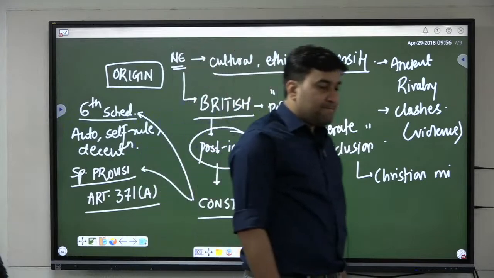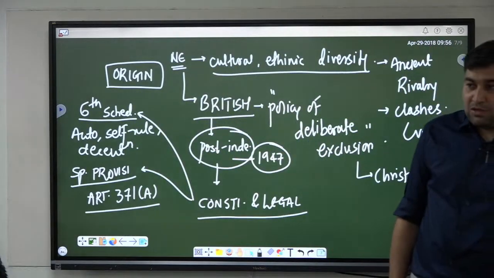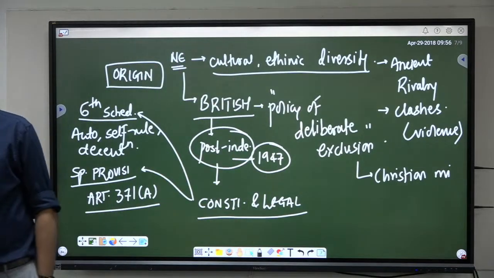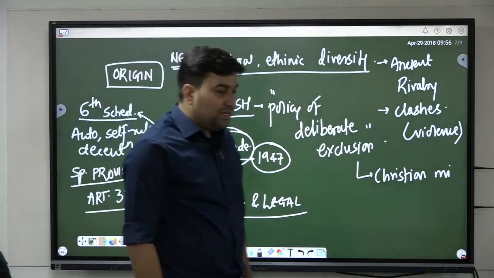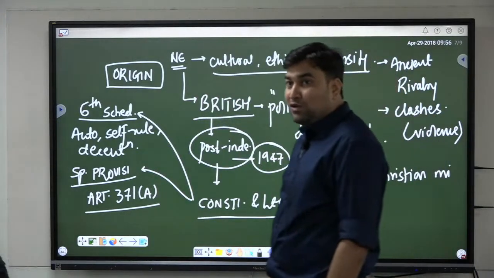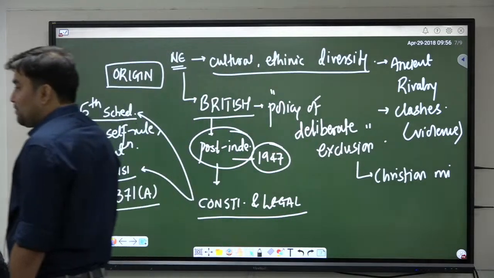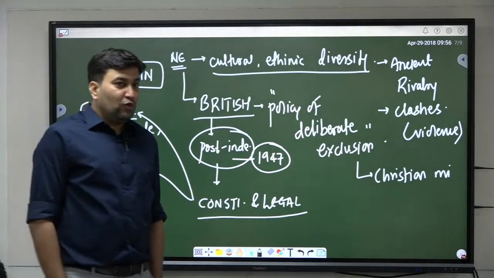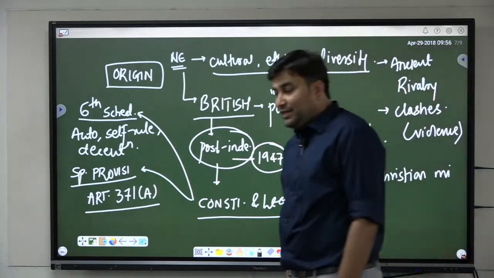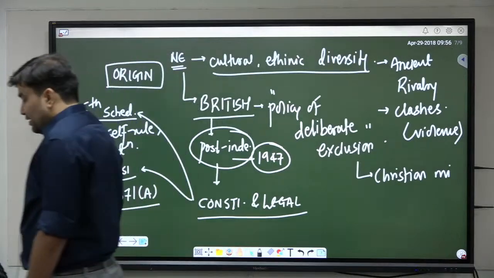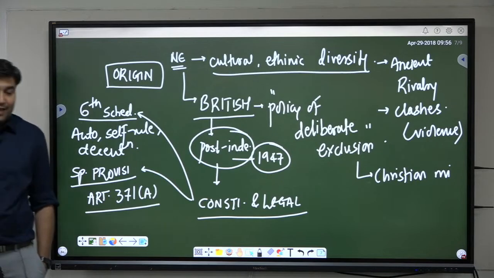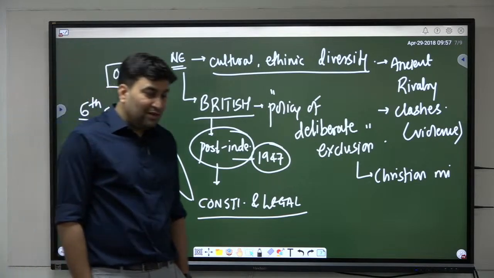Example, 6th Schedule. First example: the 6th Schedule provides autonomy, self-rule and decentralization for certain areas.